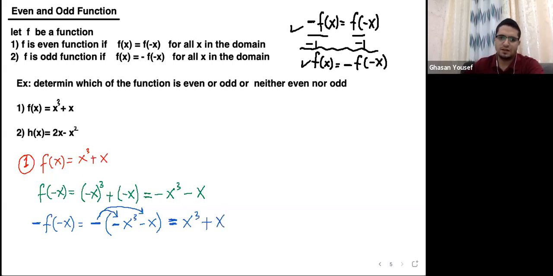Now, to check whether this function is even or odd, you have to compare.